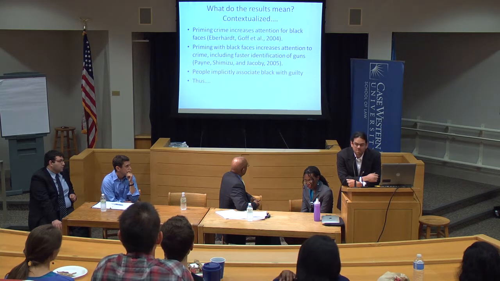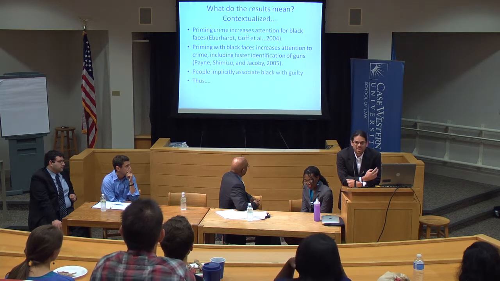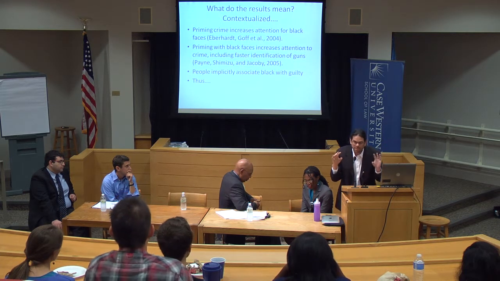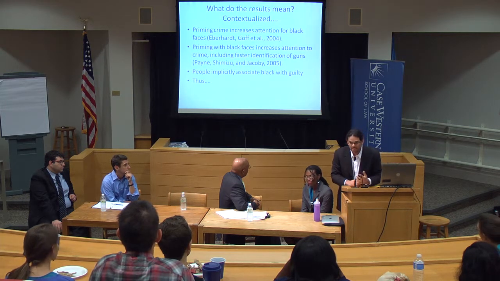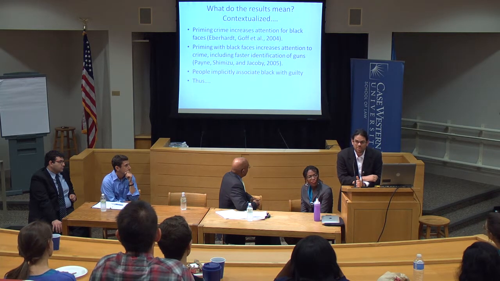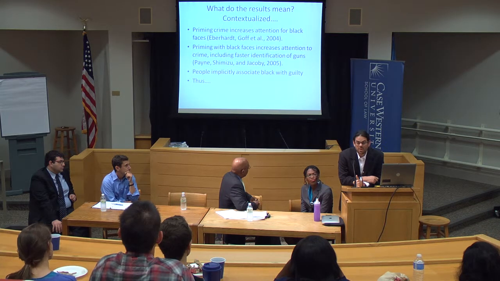We know that if you prime people with black faces, and then you show them pictures of weapons that slowly come into focus, they can identify the weapons faster when they see black faces. We know that people implicitly associate black with guilty on the implicit association test. So our interpretation of this, which we'll follow up on, is that the presumption of innocence has been corrupted, perhaps by the media or our culture.